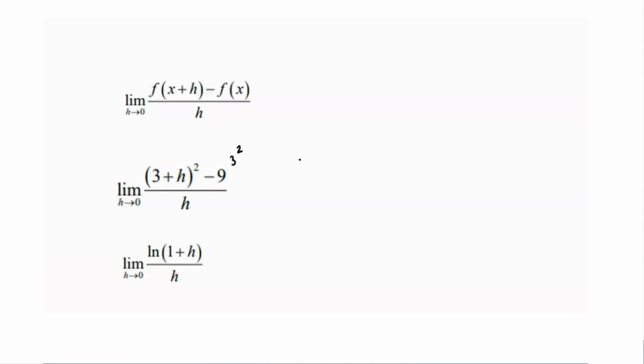So if f of x is equal to x squared, we're finding out what f prime of 3 is equal to. The derivative of x squared is 2x, and if we plug in 3 into that, we're going to get an answer of 6.